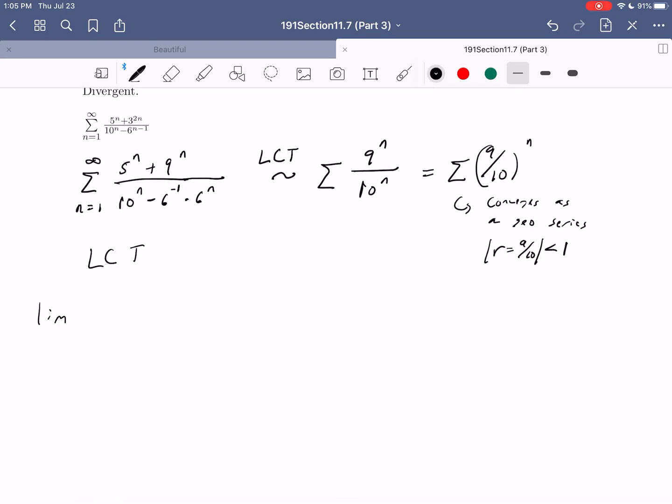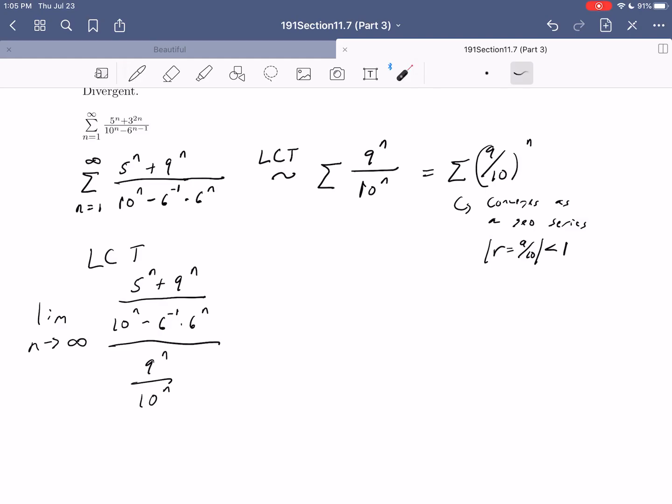We're going to take our limit as n goes to infinity of the terms of our series, all divided by that 9 to the n over 10 to the n. Then we can flip this up, and remember when multiplying, the bases are going to multiply here. So we're going to get the limit as n goes to infinity.